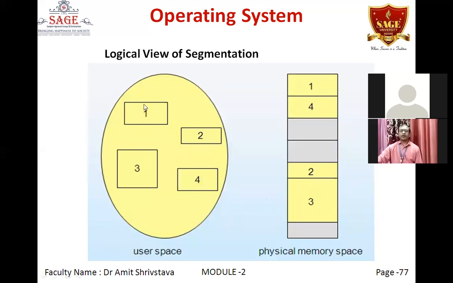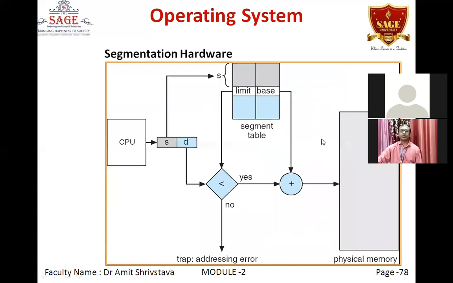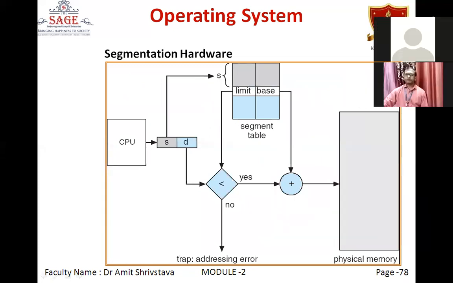So here we have got 4 segments, and I have loaded these 4 segments in the physical memory space. All of these segments require different memory space. In this case, the CPU will be generating the logical address in the form of segment number and the offset within that segment.